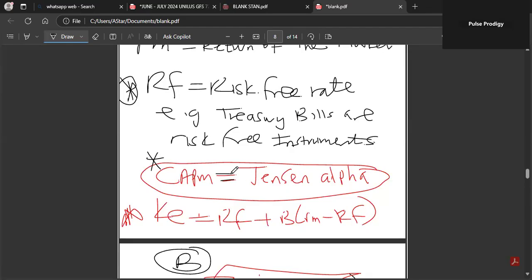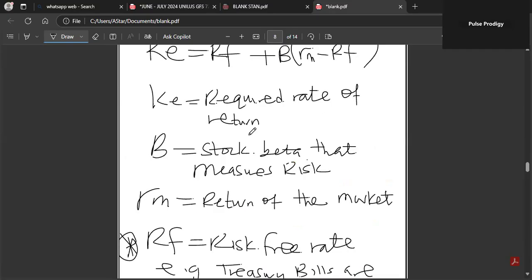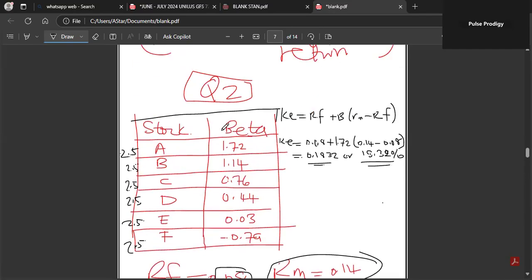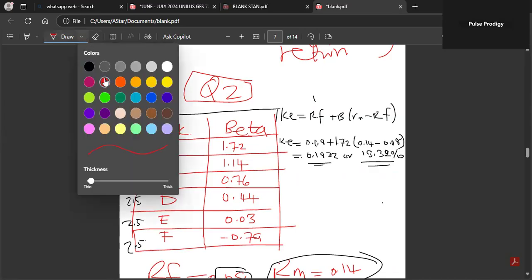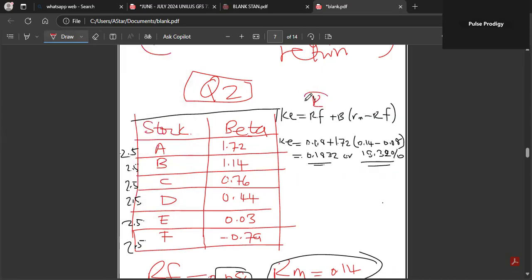Okay, so these are given, the beta, the risk are given, the risk-free remains the same. Throughout, you use the RF here, it remains the same, and you use this formula throughout.